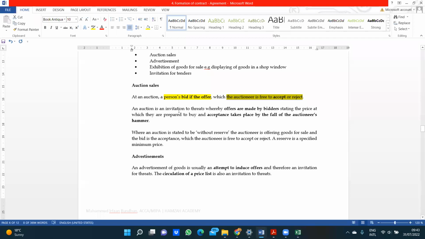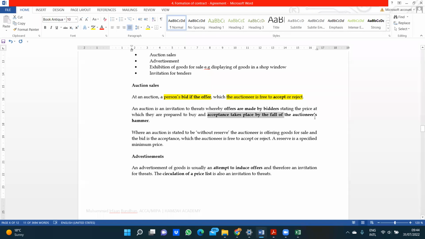An auction is an invitation to treat, whereby the offers are made by bidders stating the price which they are prepared to pay. Okay, this is the offer, and the offerors are the bidders, the public offering how much they are willing to pay for a product.